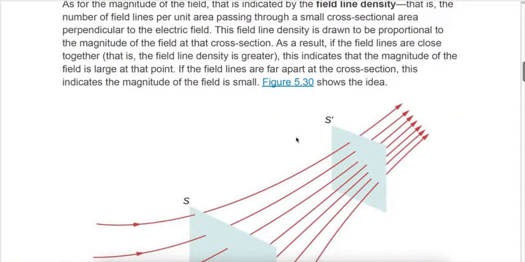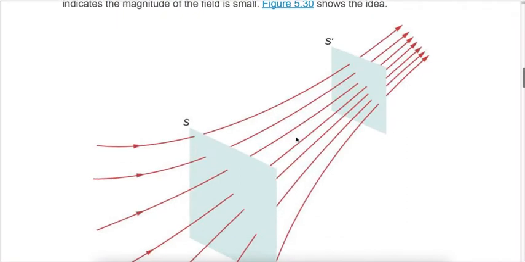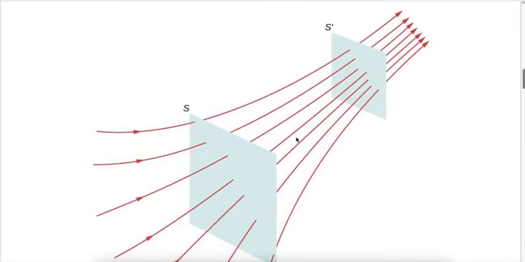Okay, now we're not going to get into drawing really complicated electric field diagrams, so this is not something we really need to worry about. But the way we handle magnitude when we're drawing electric field lines, since we can't make vectors bigger because we're not drawing the vectors, we use density.